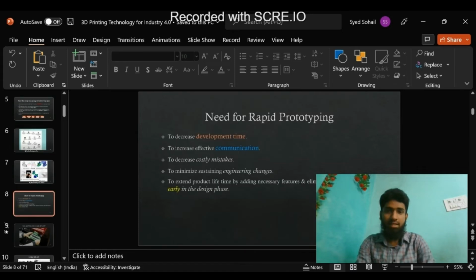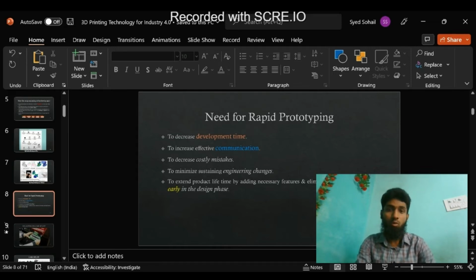Why rapid prototyping? As I said, to decrease development time, to increase effective communication between the team members, the design team, or even the production and quality team, because this is concurrent engineering we're talking about these days. To decrease costly mistakes, right? Because if at a later point of time it is known that it is not feasible or it's costlier to make, then you'll have to go back to the first phase.